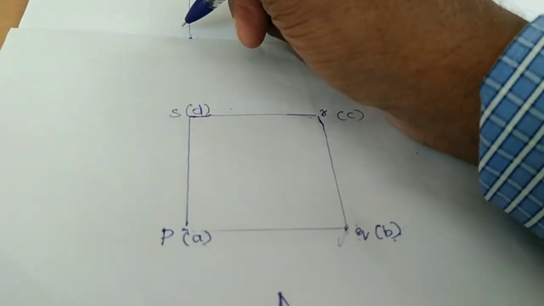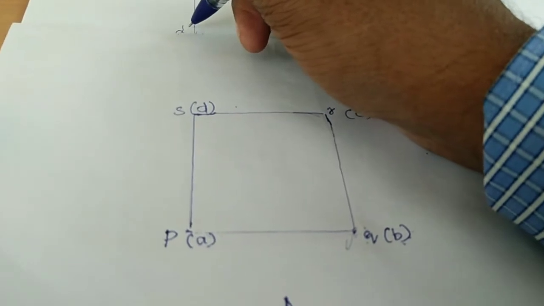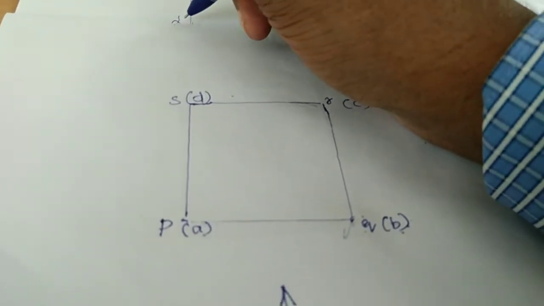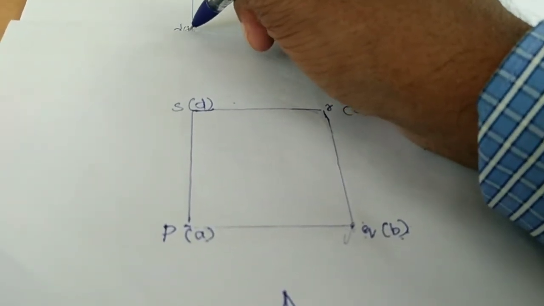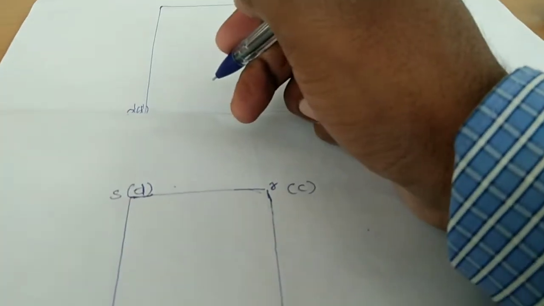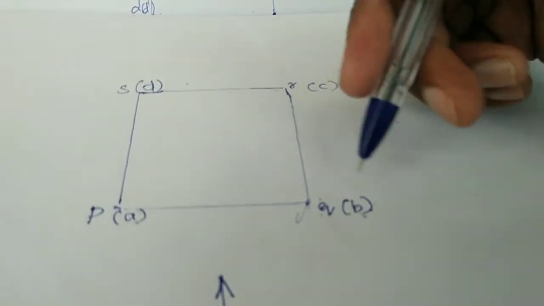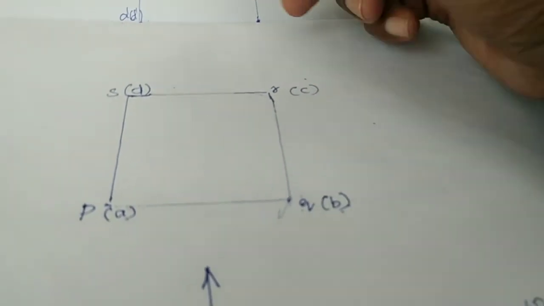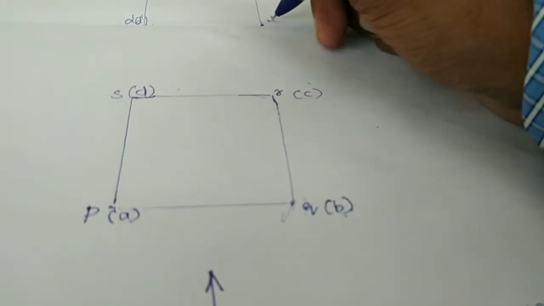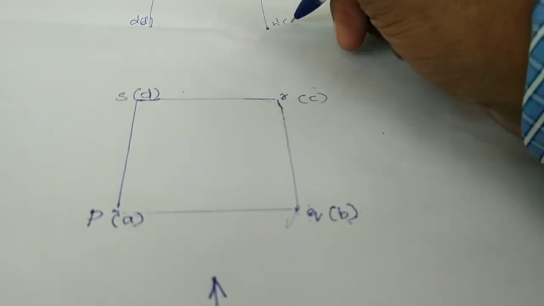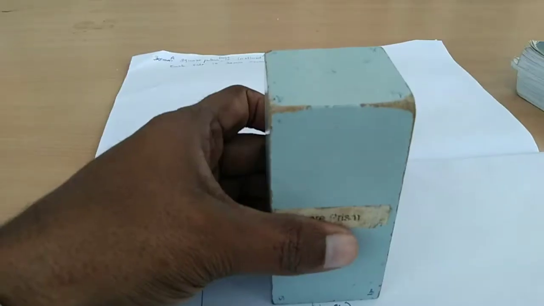Here on the left side, A dash is visible and D dash is not visible in the bottom side, so you put D dash in a closed bracket. On the right side, B dash is visible and C dash is not visible.